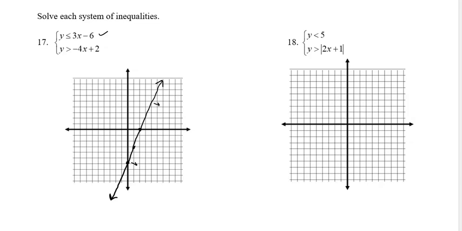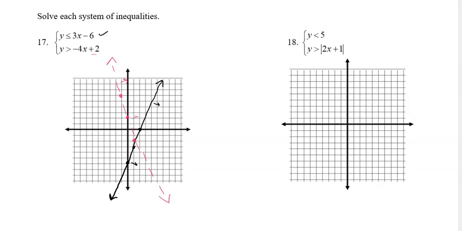All right, this one starts at 2 on the y, and it has a slope of -4, so down 4, right 1. It's going to be a dotted line. And it's greater than, which means above the line.